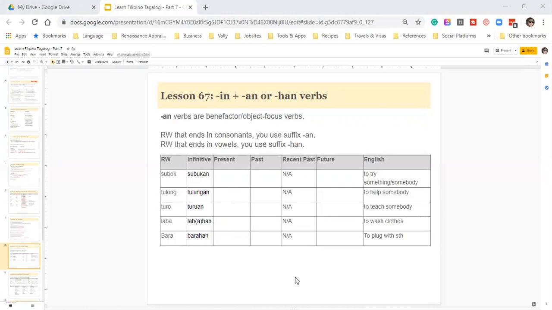I think it is part 7. Yep, part 7. And use page 68 for guidance.